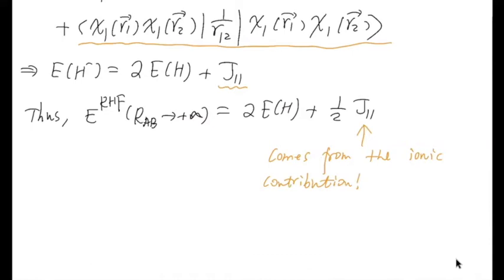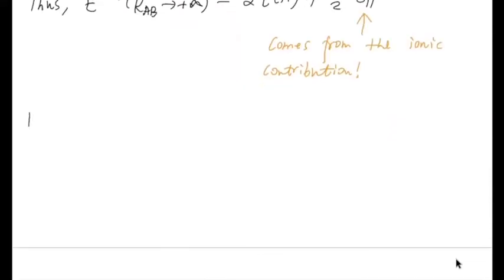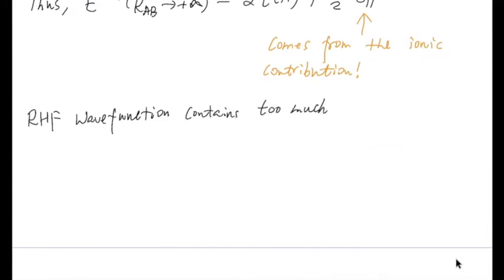Right? So the restricted Hartree-Fock wave function contains too much ionic contribution. Too much. And that's why at the dissociation limit, you cannot get the energy of two isolated hydrogen atoms.